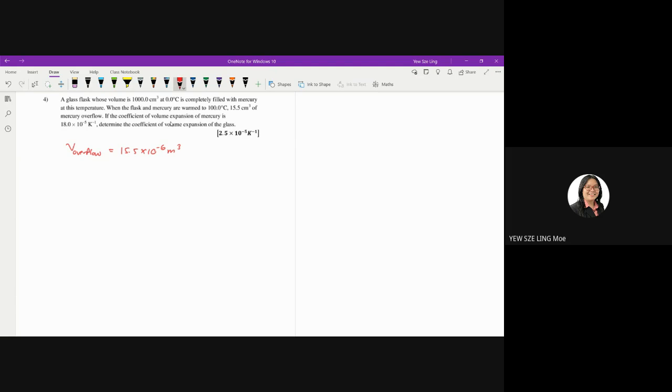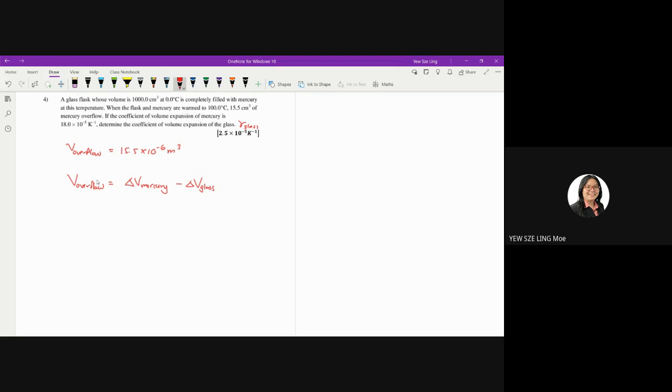So given the coefficient of volume expansion of mercury is 18.0 times 10 to the power of negative 5, determine the coefficient. So dia suruh kamu determine gamma, gamma for the glass. Aha. So you are given V overflow, and then we know that V overflow at the same time is equal to delta V mercury minus delta V glass.